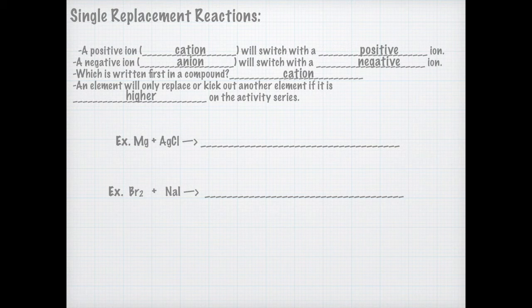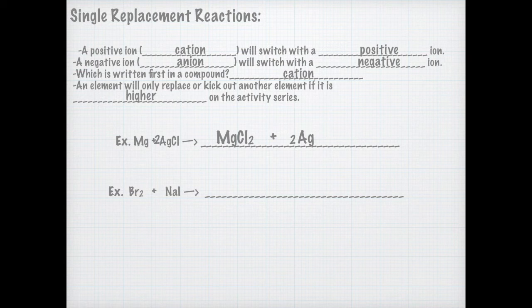Magnesium is higher on the activity series than silver is. So magnesium will go in, kick silver out, and form a new compound with chlorine. In order to write that new compound, I've got to cross my charges. So magnesium and chlorine, cross my charges, I get MgCl2, and silver is now by itself because it got kicked out. The last thing I've got to do is balance, so I'm going to put a 2 in front of AgCl and then a 2 in front of Ag, and I'm done.